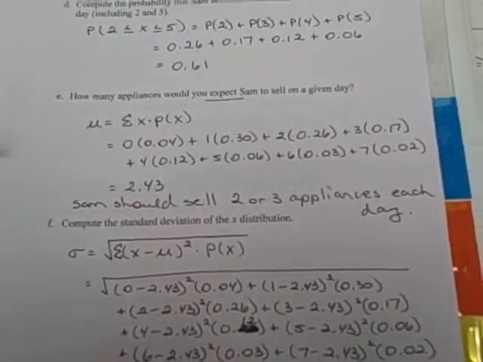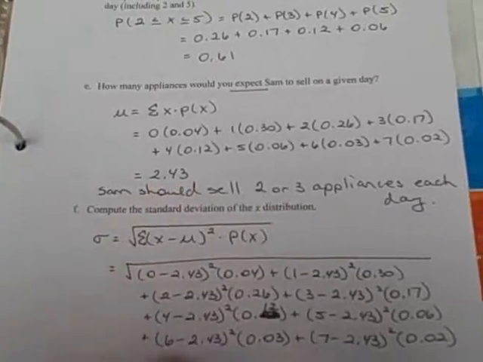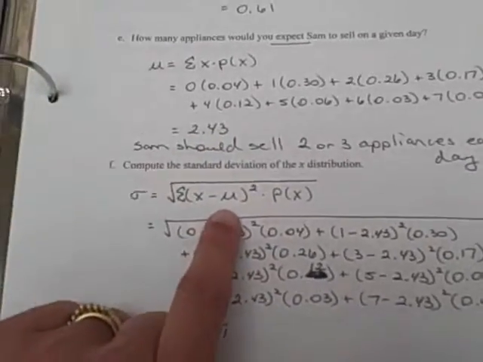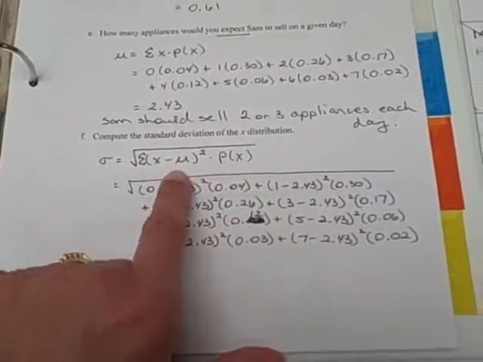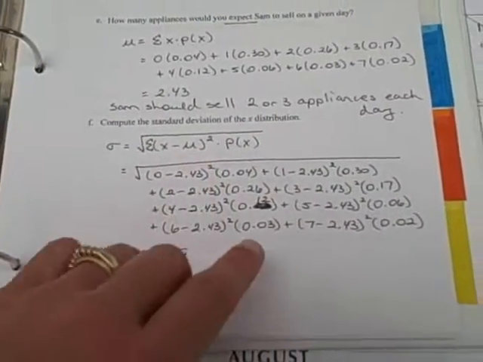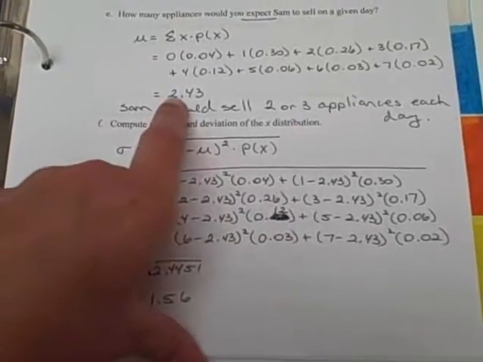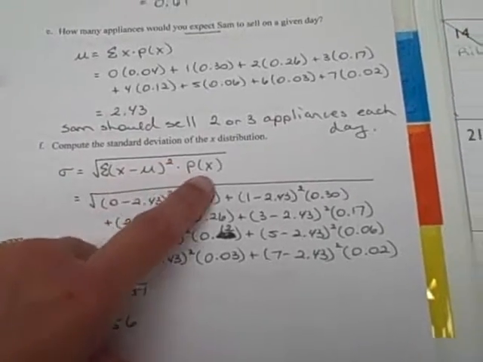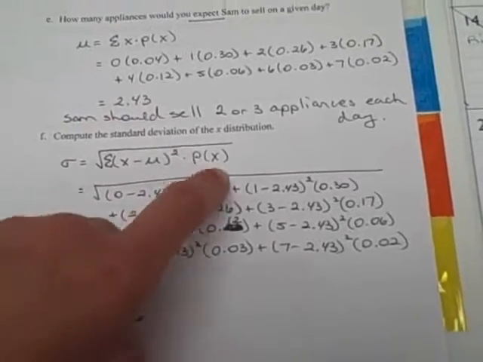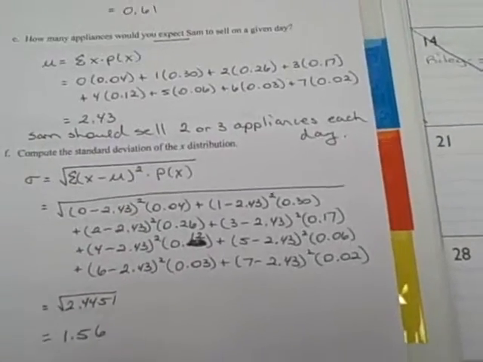Now, to get the standard deviation, the average distance from our mean, this formula is a little bit more complicated, but it works for every single probability distribution there is out there. What it's telling us to do is take each x value minus mu, so this 2.43 we found up here, square it, times the probability of that x value, plus, and then we do it for the next one, plus the next one, plus the next one.